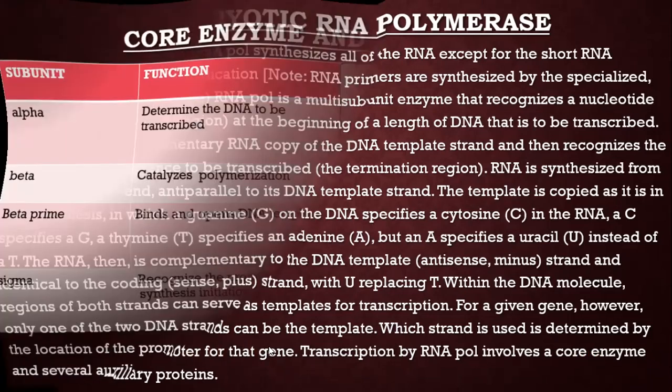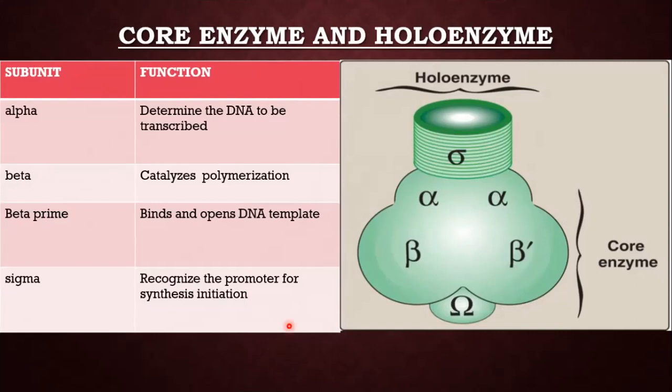Let's look at the structure of the RNA polymerase. Here you can see a core enzyme and a holoenzyme. Now, the holoenzyme has 6 subunits: a sigma subunit here, 2 alpha subunits, a beta subunit, a beta prime subunit, and an omega subunit. Remember, this is the uppercase of omega.